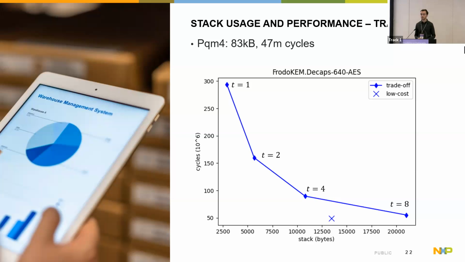But the impact on the performance is nearly a factor 2, to nearly 100 million cycles. And you can be even more aggressive and take TS2 or even T equal to 1. Then you see the memory usage is around 3,000 bytes. But this has a very significant impact on the performance, because it is nearly 300 million cycles, which is a factor 6 compared to our low-cost implementation.